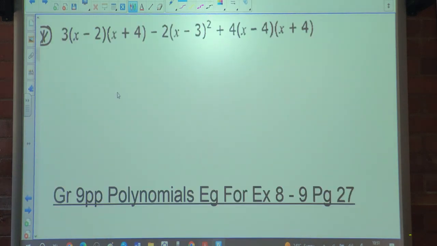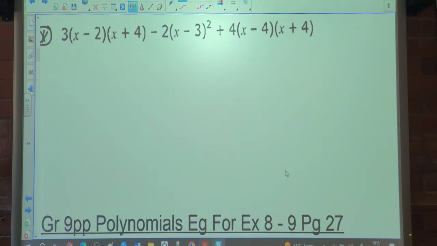So write that down. We've got 3 into x minus 2 times x plus 4, minus brackets x minus 3 all squared, plus 4 into x minus 4, x plus 4.